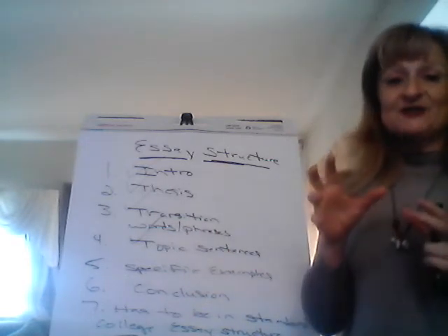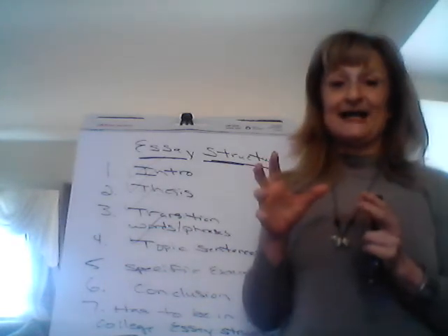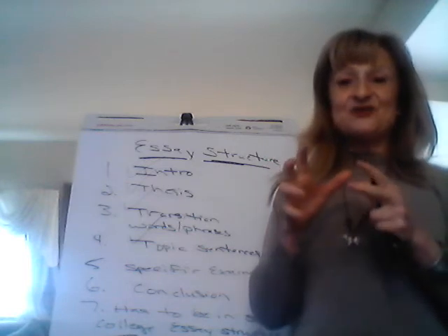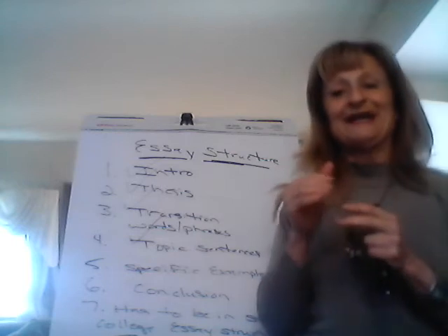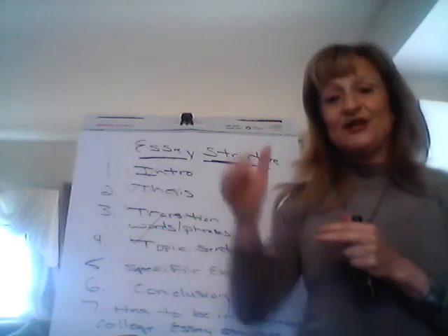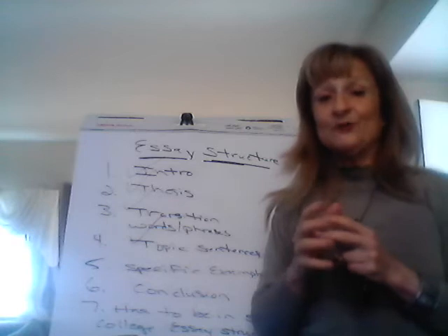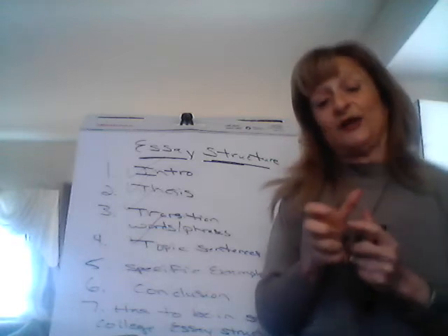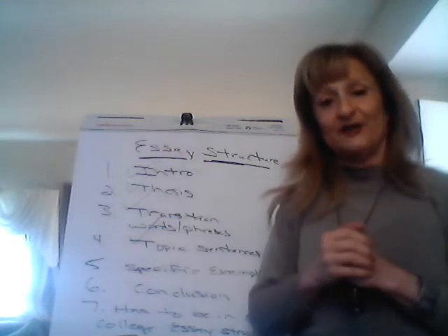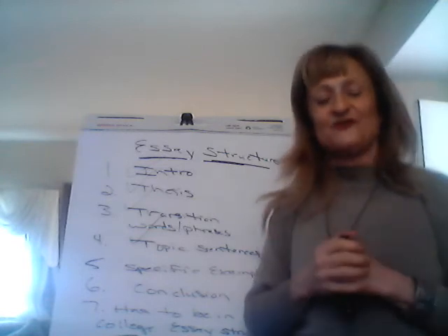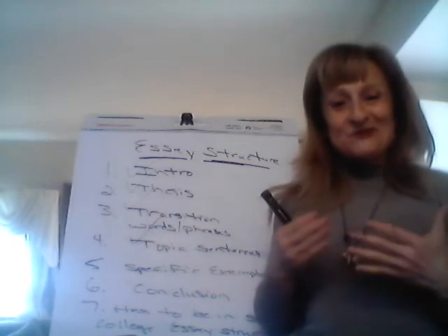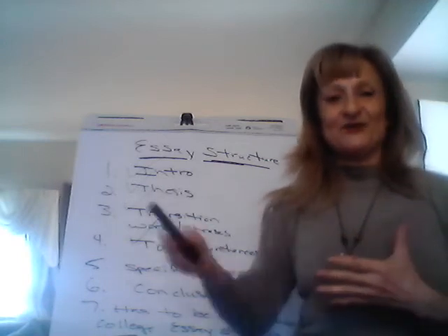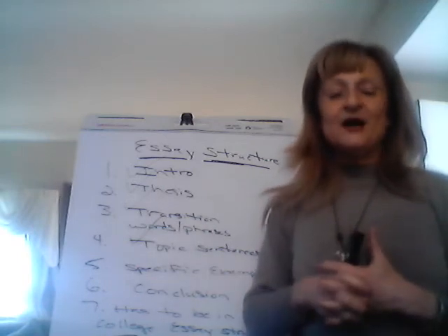And the other thing about topic sentences is that, well, let me say it slightly differently. It could be a reason that you think what you think in your thesis, or it could be a smaller category of what you're putting forward in your thesis. Let's go back to the example I just gave about my best friend telling me to smile more, and that helped me to have better relationships with others.